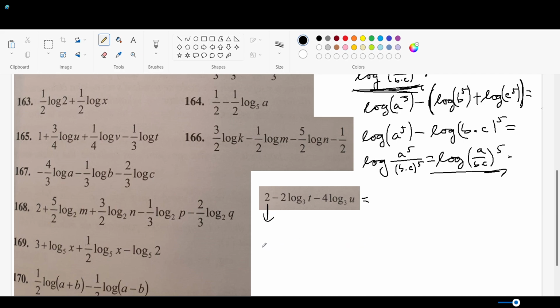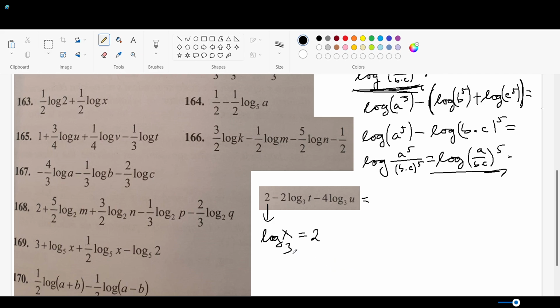Number 2 is the result of logarithm base 3, because we have logarithm base 3 here, logarithm base 3 here. And the tricky thing, and why am I asking what is logarithm base 3 of which number is equal to 2? So the question is, what is number x here, so that logarithm base 3 of x is equal to 2?